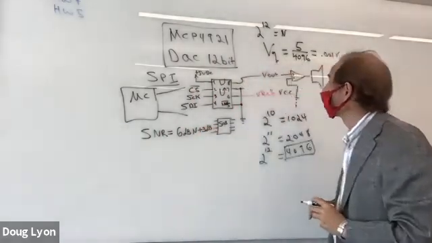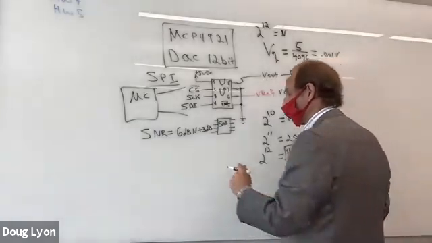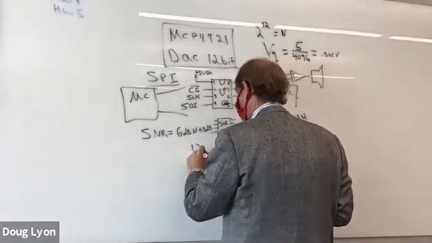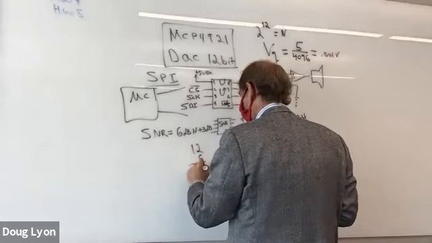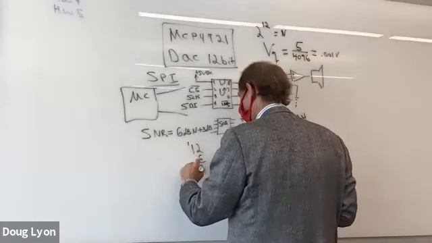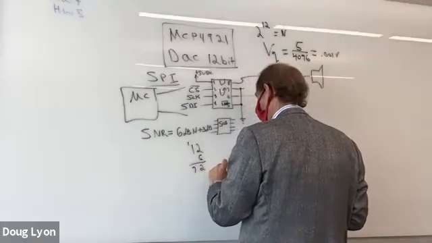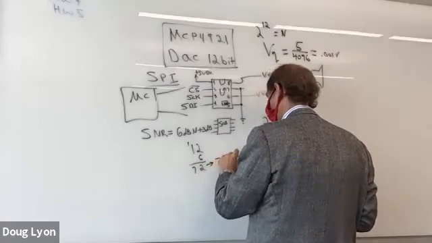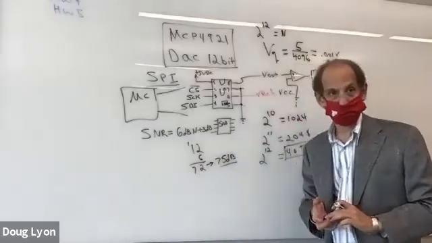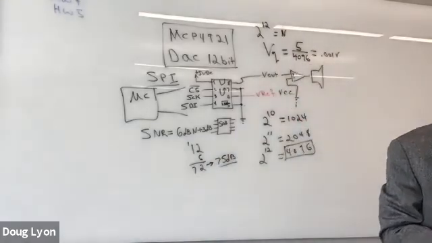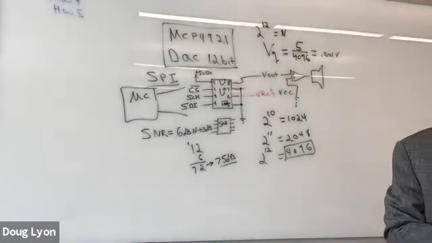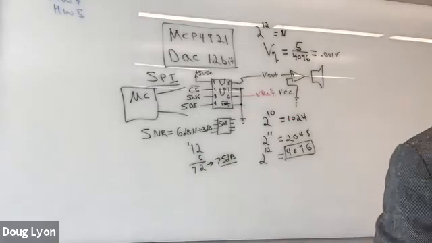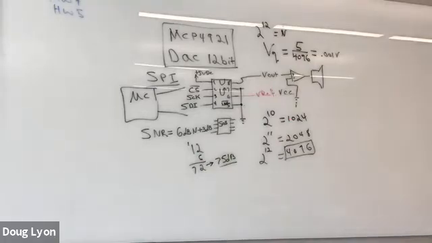And so in principle, we should have something like 12 times 6, which is 72, maybe 75 dB of signal to noise ratio. That's the best you can do with this DAC. So it's going to be a DAC that has a little noise in it. Every DAC does.